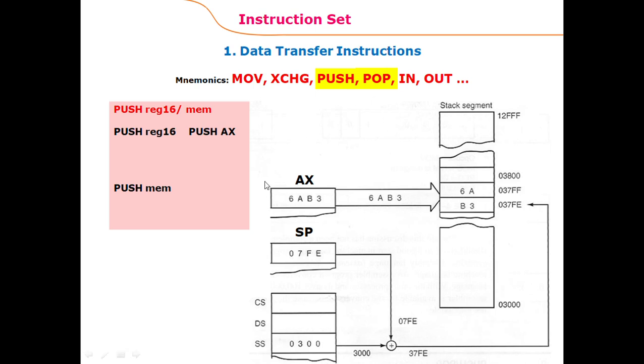So this is how the push instruction writes the 16-bit content to the top of stack. Initially the stack pointer was pointing to this location, and after this instruction is executed, the stack pointer now points to this location because it has been decremented by 2. So this is the current content of the stack pointer.